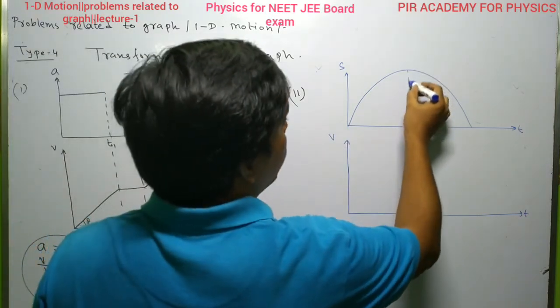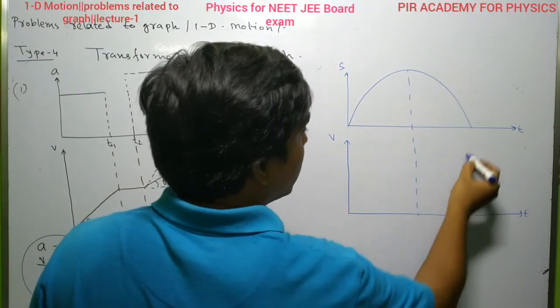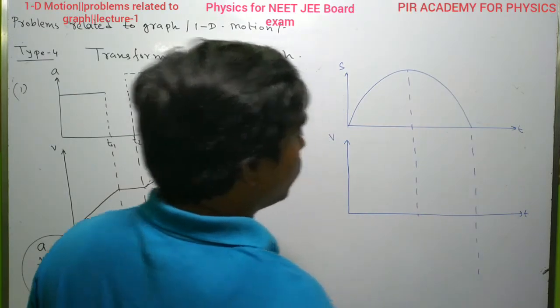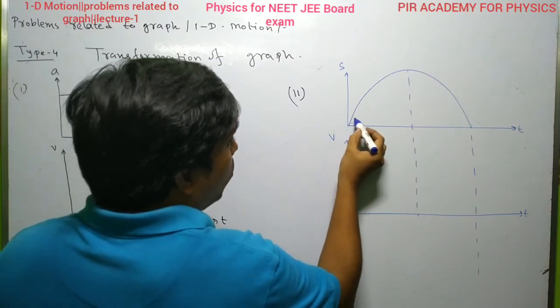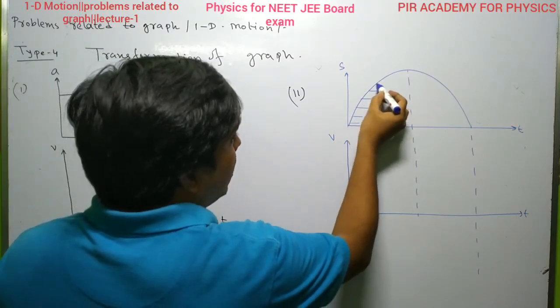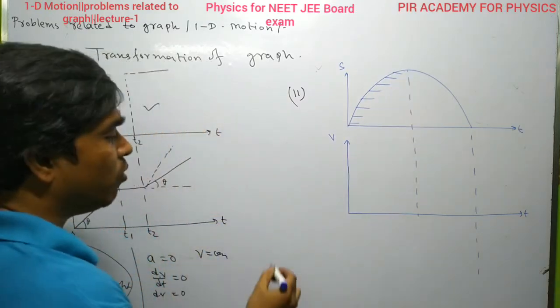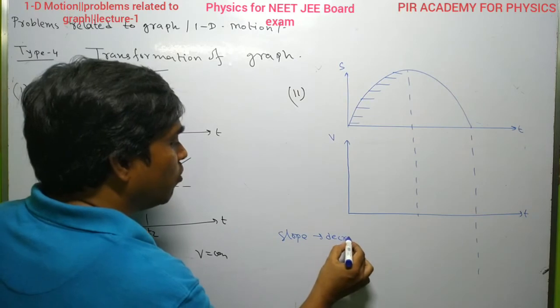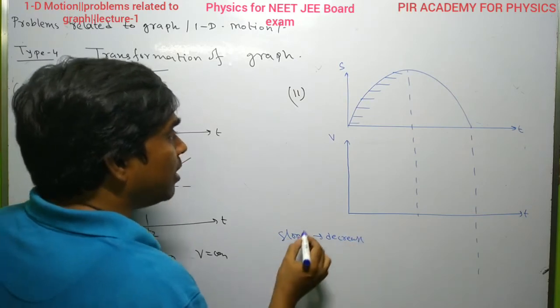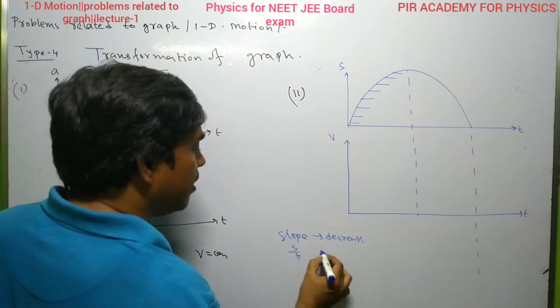Here is the maximum point, and here is another point. Here you see that the slope will be decreasing. If the slope is decreasing, that means velocity, S by T, is decreasing.